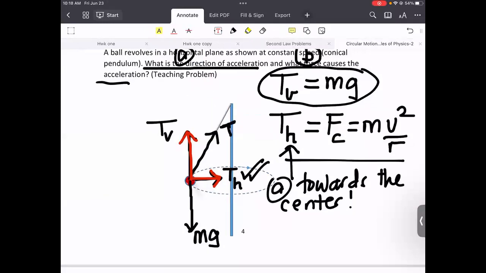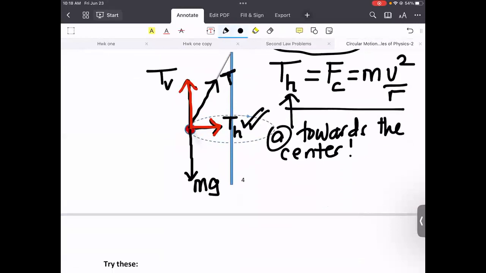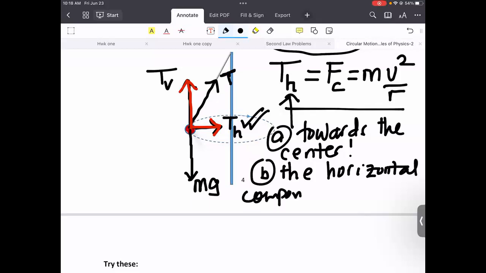What causes this acceleration? This acceleration is caused by the component of the tensional force, the horizontal component of tension, that is, T sub H.